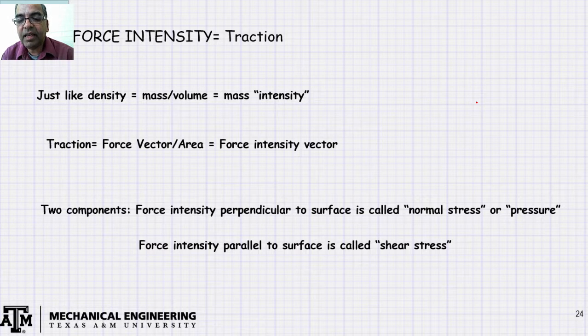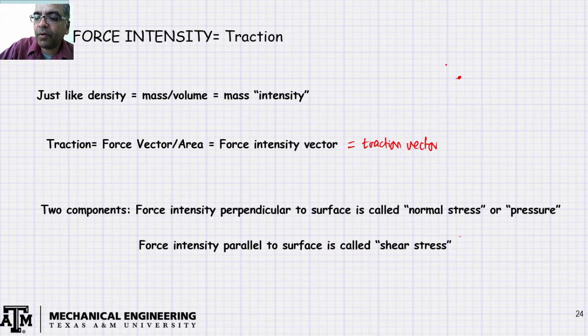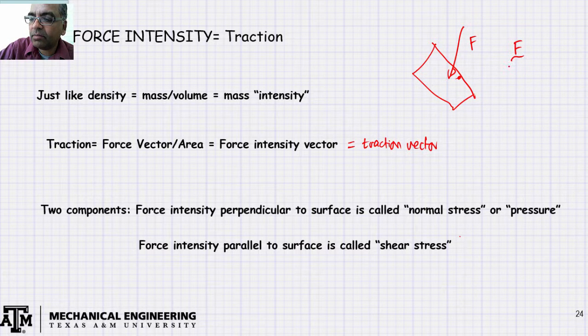Just like density equals mass over volume, that is mass intensity, traction is force vector over area, and that's a force intensity vector. This is called the traction vector. So if you have a point here, there's a surface, and there's a force acting on the surface, F over A equals T, that's the traction vector acting on the surface A.